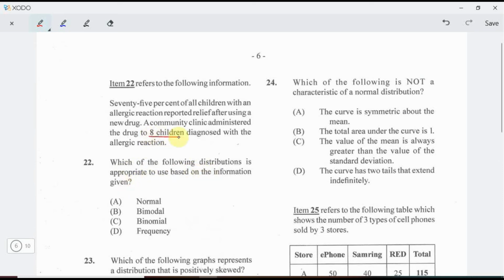They give us n, n equals 8. 75% of all children, they're giving us p, 0.75. So we can even find q now, 0.25. The best thing to use is a binomial distribution since we have n and p. So it's best represented by a binomial distribution.